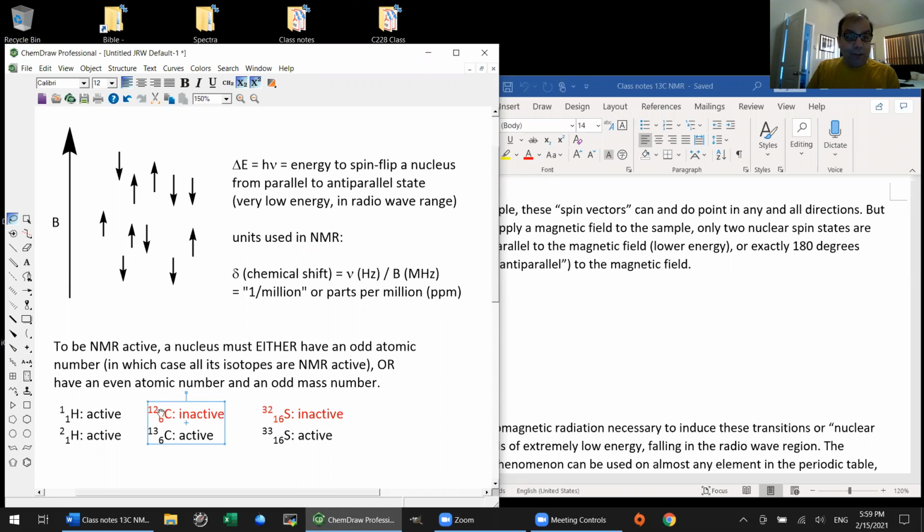So with carbon-12, which is again by far the most common type of carbon, 99+% of all carbon atoms in the universe are carbon-12, that nucleus is inactive to NMR. You can't take an NMR spectrum using carbon-12. That's why we need to use carbon-13, which, although it has an even atomic number, has an odd mass number. And so carbon-13 is NMR active.